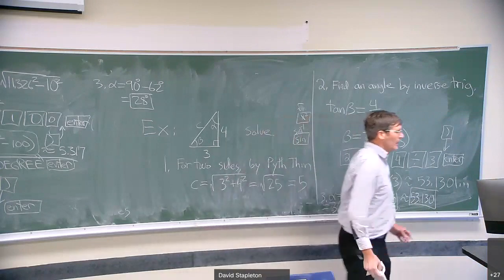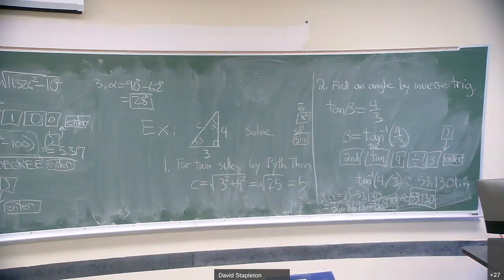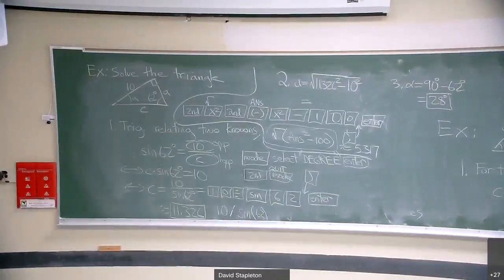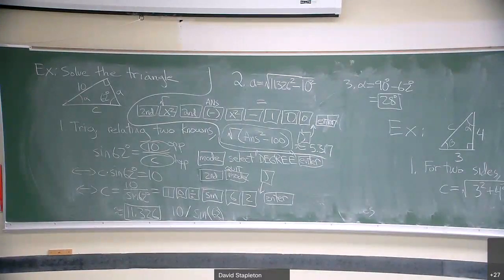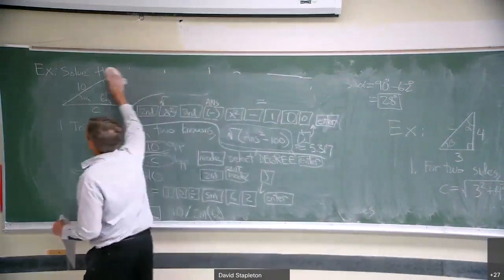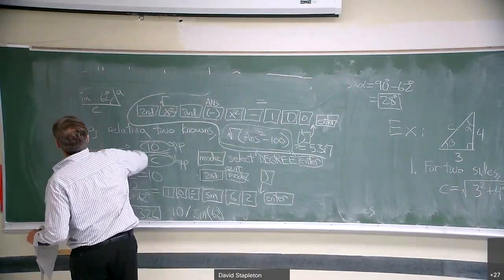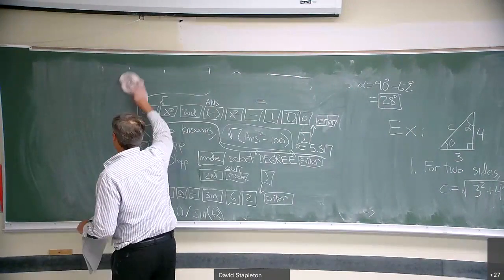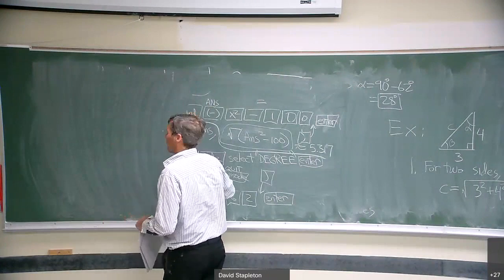Well, there's another thing we should mention here. Occasionally, this is not very common, instead of giving you a side and an angle or 2 sides, you might be given a side and a trig function of an angle. Well, that works just as well.